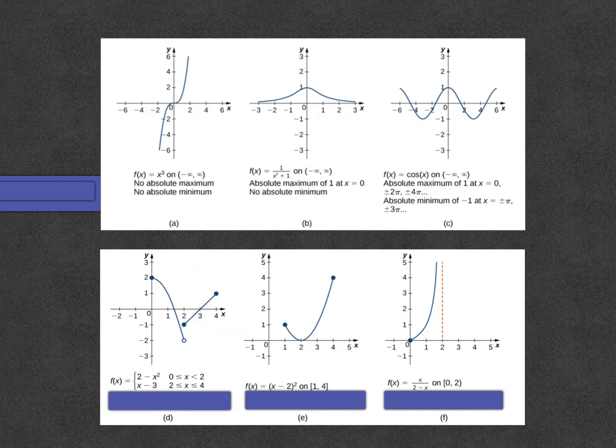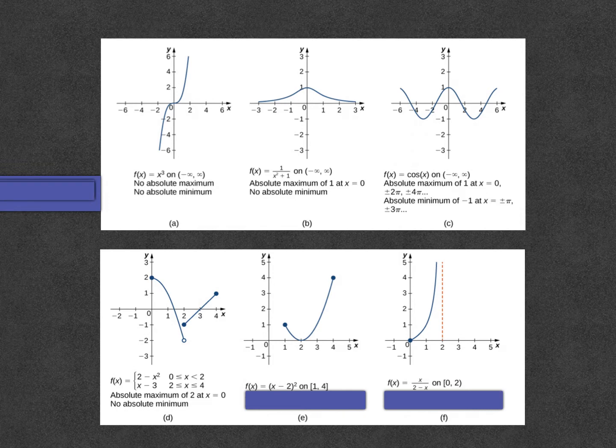Next, we have this piecewise function. We can see here's a high point, but right there is a higher point. The absolute maximum is when x is 0, the y coordinate is 2, and you might think that's an absolute minimum, but because the circle's not filled in there, we technically don't ever get to that point (2, -2), so we actually have no absolute minimum.